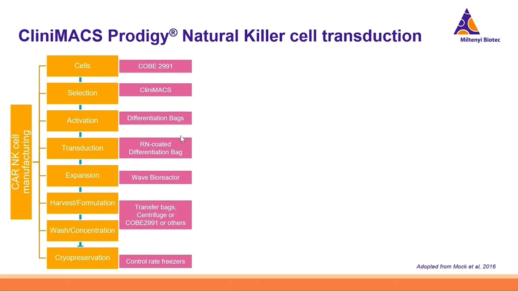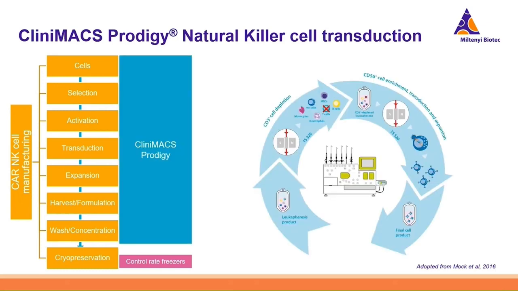But we have designed a process, the CliniMACS Prodigy NK cell transduction process, which allows you to close the system and do everything automated. Chao explained how the Prodigy works and the specific characteristics of this instrument, and we have taken advantage of this to present the natural killer cell transduction system.